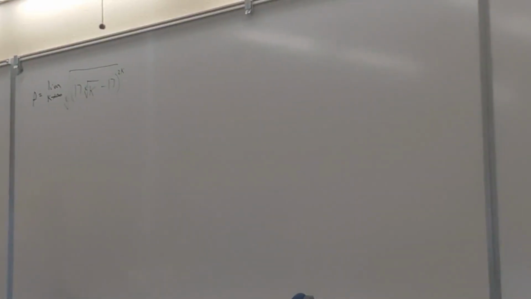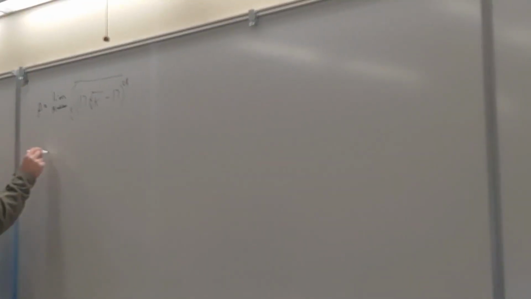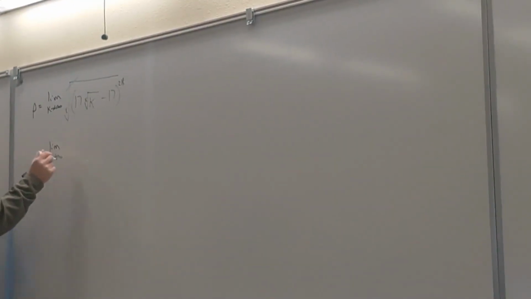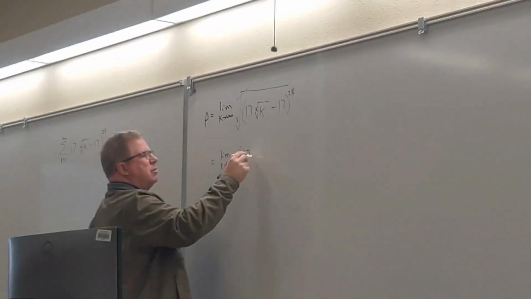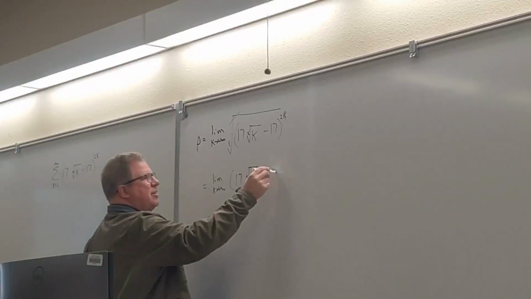All right. Now, I won't go through the steps, but that will cancel that k. We still have the square. So we have 17 times the kth root of k minus 17, squared.